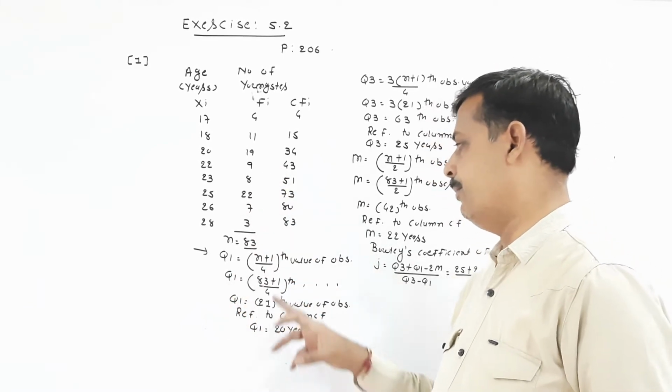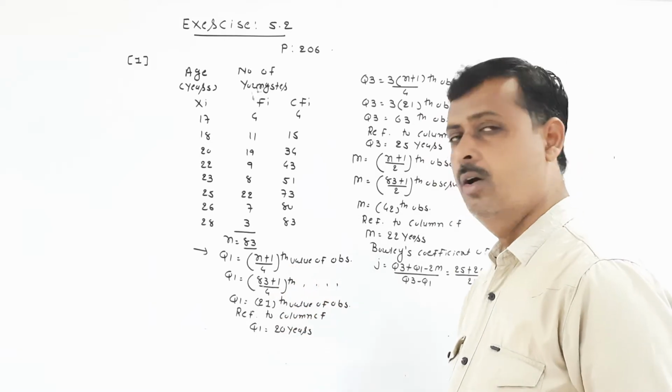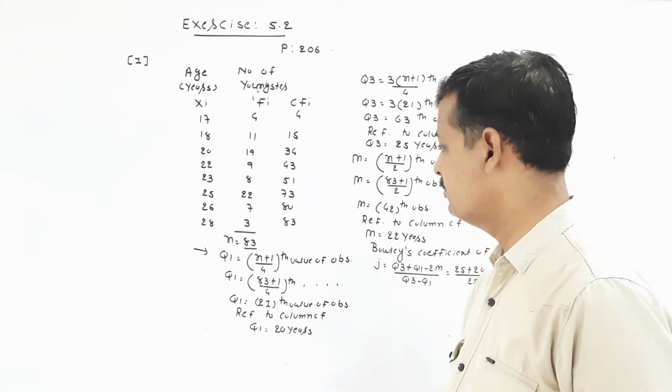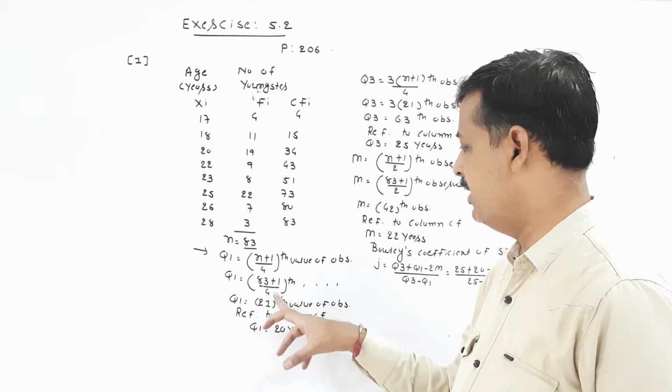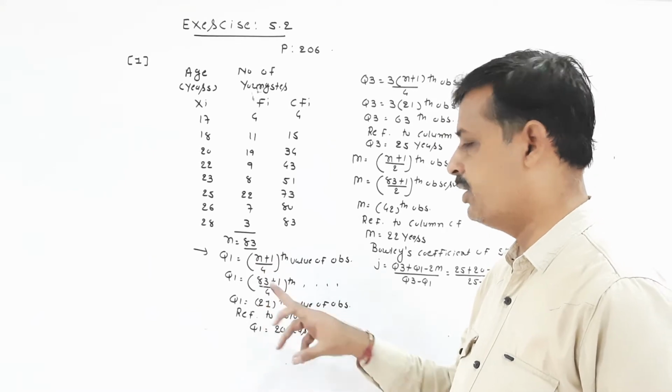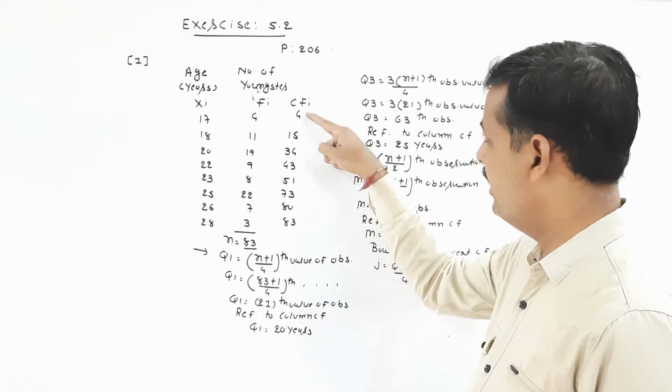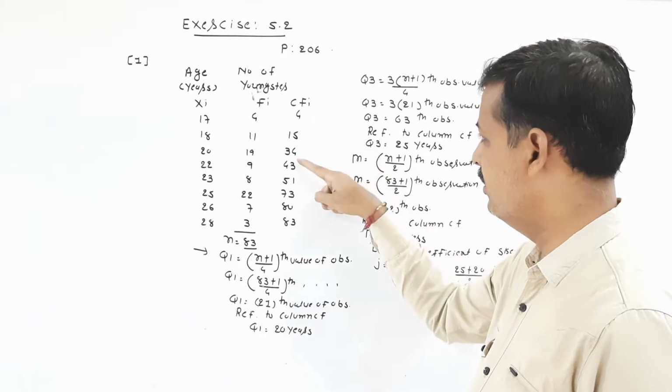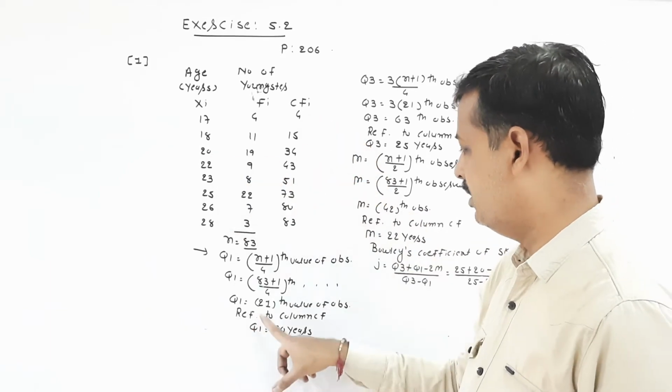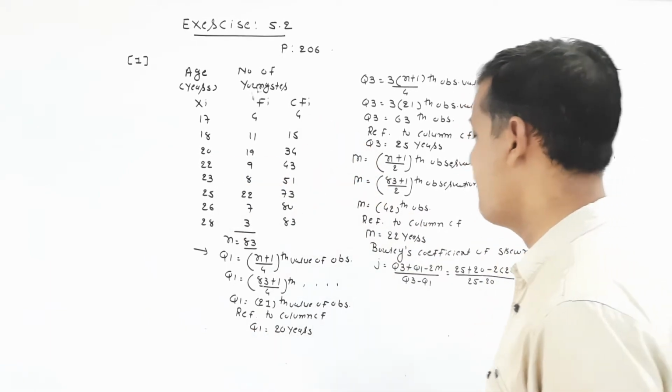Q1 is equal to the (n plus 1) by 4th observation value. 83 plus 1, 84, divided by 4, that is 21. In CF we got 21 from 34, that is 20 years.